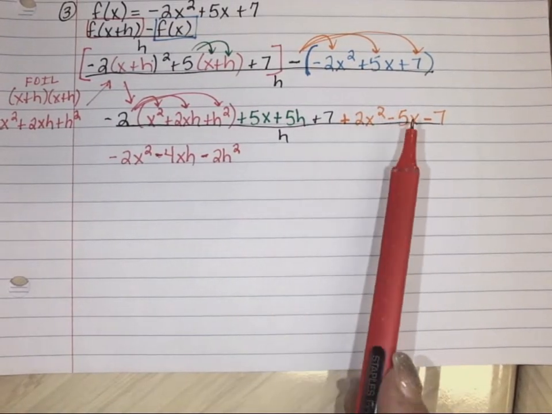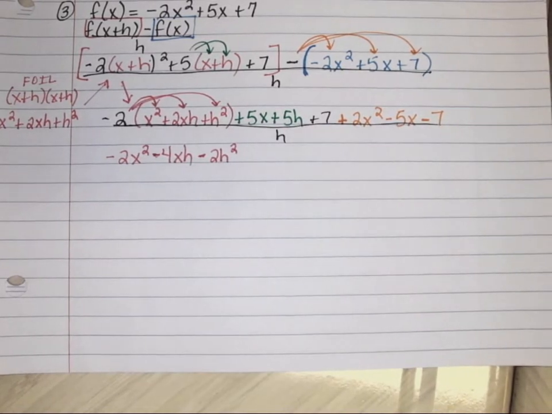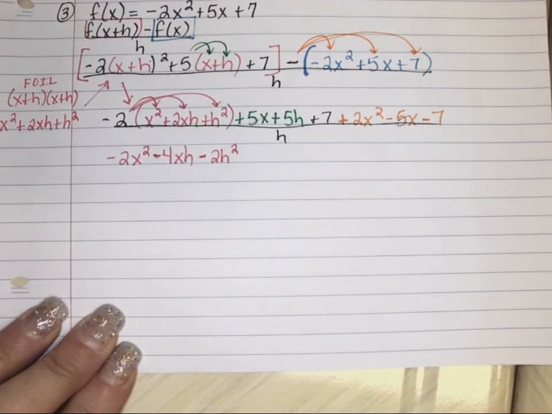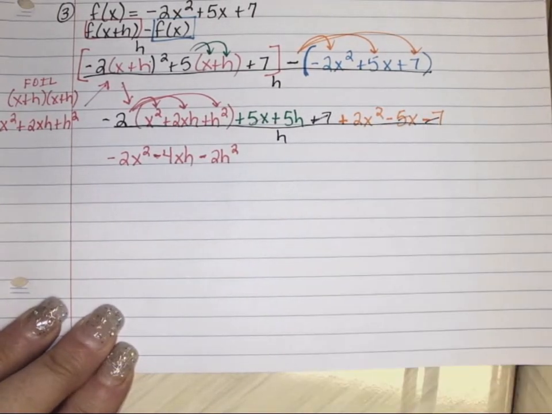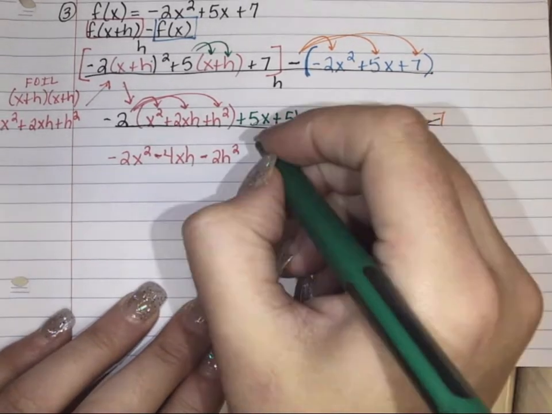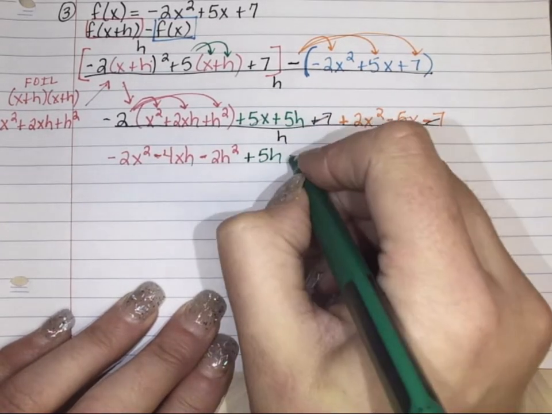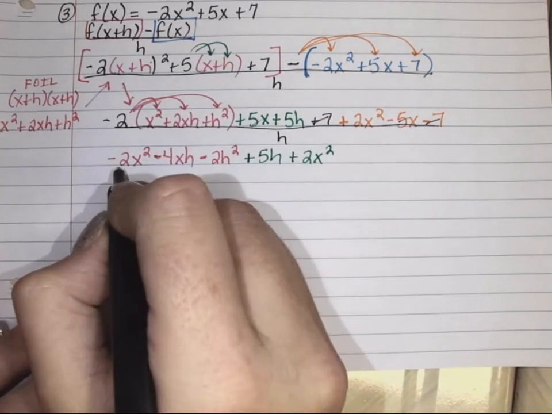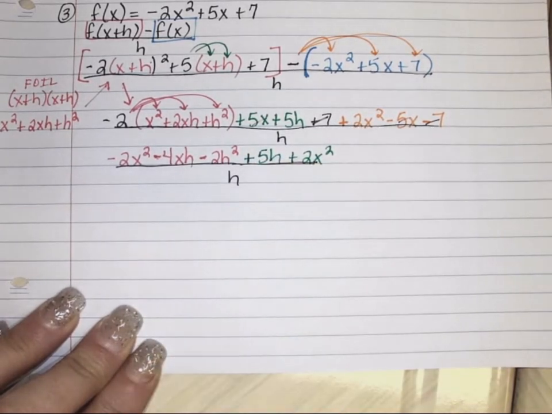You can actually go ahead and simplify anything that you see over here that will cancel. Like for example, I see that my 5x, they will cancel off. I see that my 7s will also cancel off. But I'm left with plus 5h plus 2x squared, and then this is all over h.